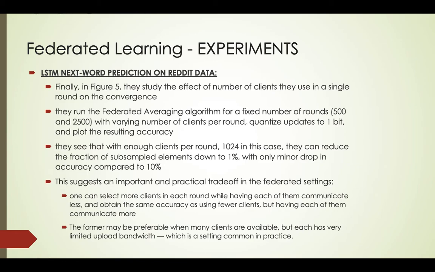They see that with enough clients per round, 1024 in this case, they can reduce the fraction of subsampled elements down to 1%, with only a minor drop in accuracy compared to 10%.